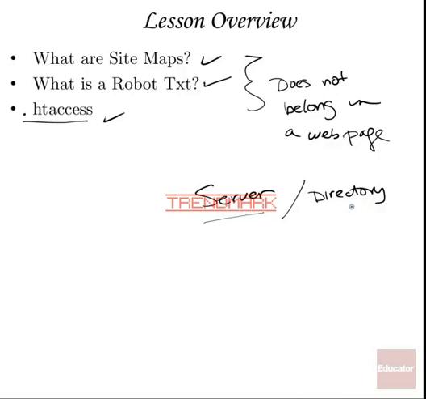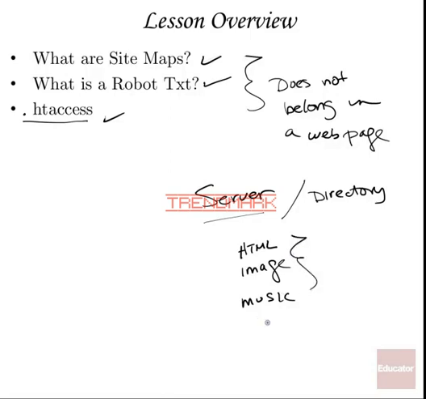And a directory meaning your HTML files, your image files, your music files, any file inside the directory of your server. Okay, the sitemap, the Robot.txt, and the htaccess belong alongside these guys right here.